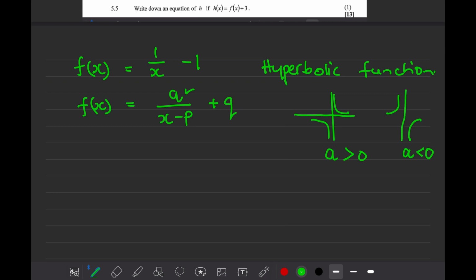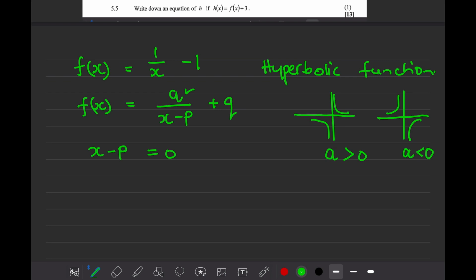Okay, so what else do you know about a hyperbola? A hyperbola has got things that we call asymptotes. Now, asymptotes, my younger brother would call them imaginary lines that a function approaches but never touches. So basically, if you've got a function like this, x minus p is equals to 0.